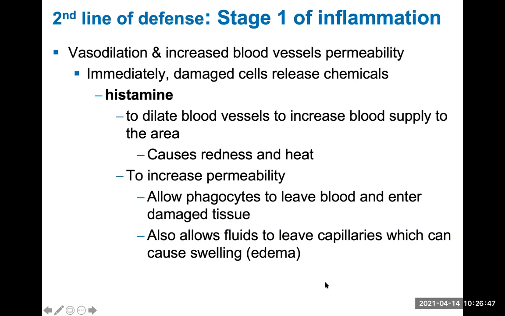You're also going to get an increase in permeability from the presence of histamine, and that helps the phagocytes to leave the blood and enter the damaged tissue. It also will, as a side effect, allow more fluid to leave the capillaries, which can lead to the swelling and more pain as well.